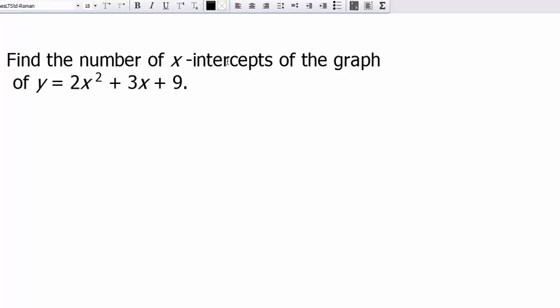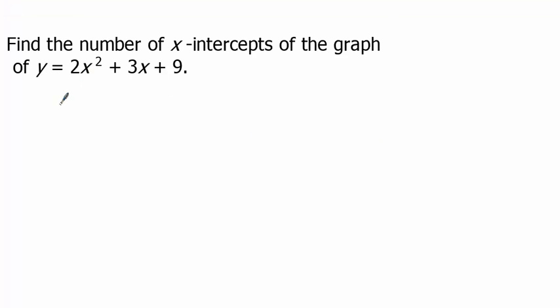This is asking a different question, but it really isn't. It's the same thing. We are just answering a slightly different way. So we are going to end up with b squared minus 4 times 2 times 9.